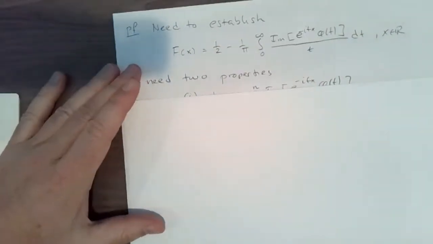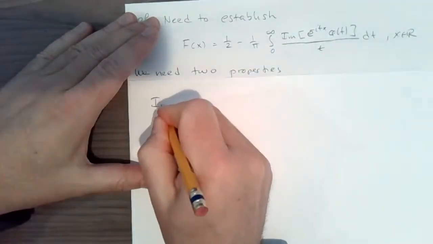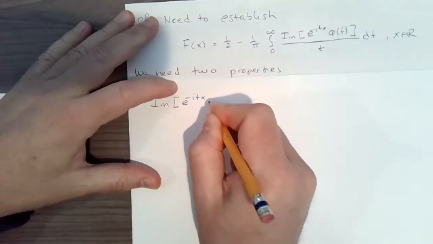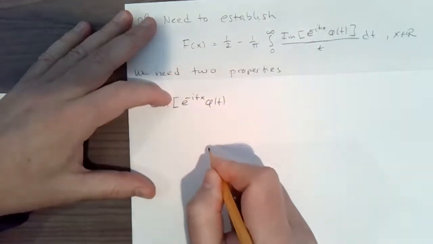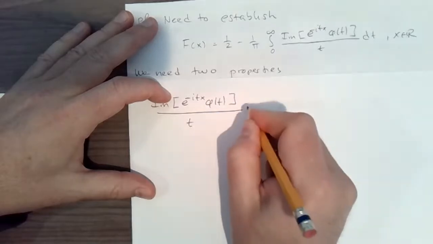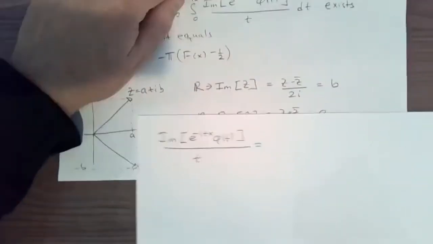So on one hand, I can write the imaginary part of e to the minus itx phi(t) divided by t. How would I be able to write it? Well, I'll use the formula for the imaginary part that we had down here.